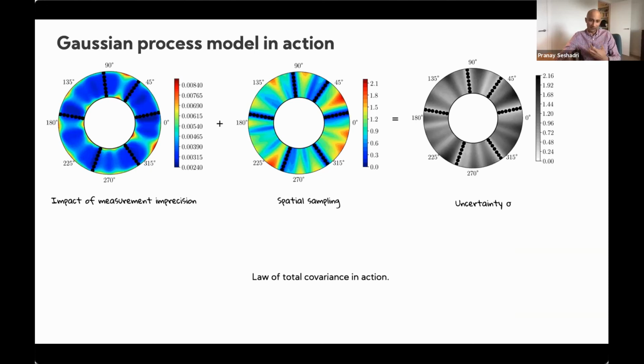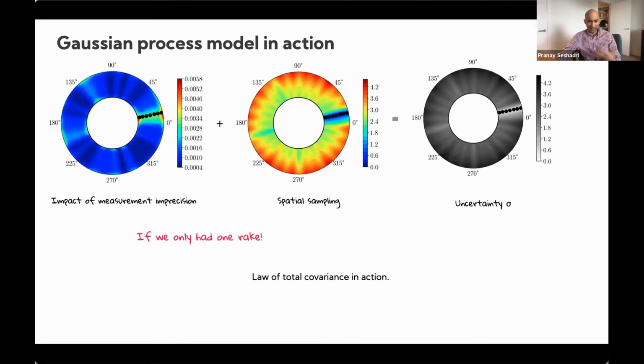You can break it down into the impact of measurement imprecision, i.e. each sensor that I place in an engine to measure some quantity has a certain imprecision by virtue of the sensor itself. And then there's also spatial or sampling uncertainty, i.e. I have too few instruments to sample my field well, therefore there's some uncertainty that arises from that.